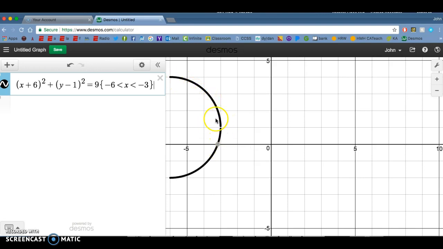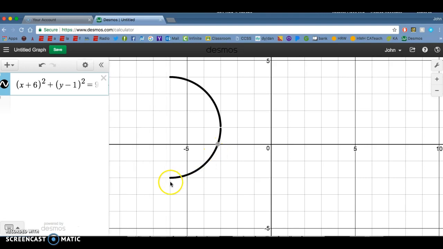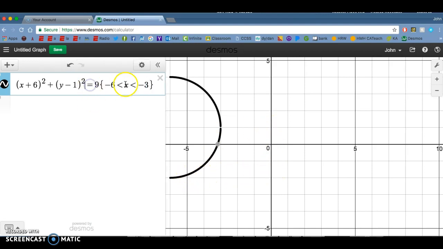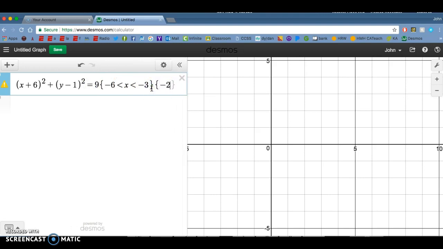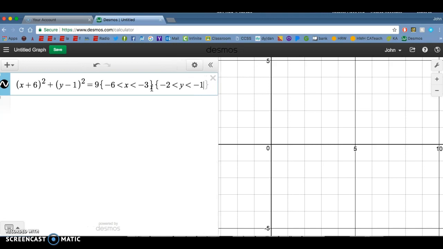Perhaps I wanted just this bottom portion. So then I would have to, well, you guessed it, restrict my range from -2 to 1. So I can restrict my range: -2 less than y is less than positive 1.